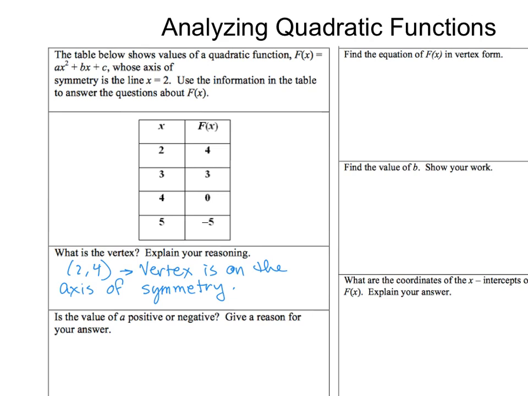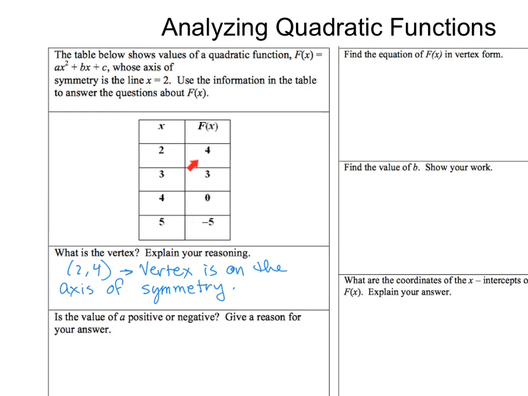Then it asks me if the value of a is positive or negative. Well, in order to decide that, I have to look at my y value at my vertex. The y value will either be a maximum or a minimum at that vertex point, and I can see that that is more than every other value in my y column.